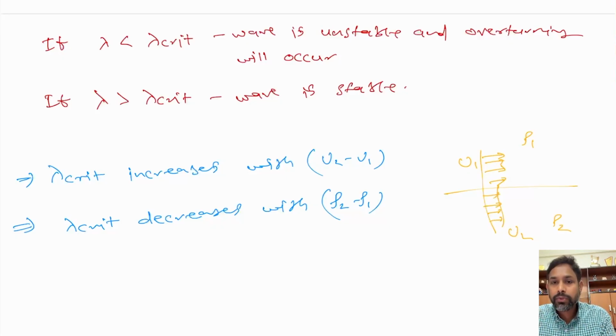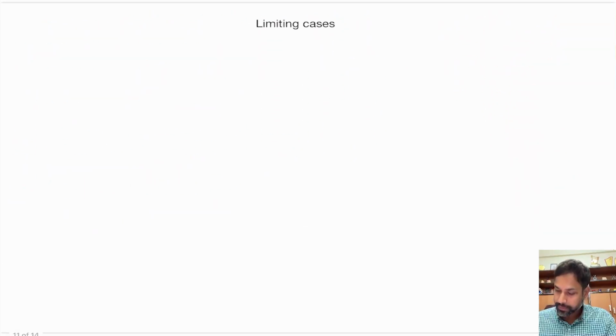An increase in delta u increases the value of lambda critical, so there is more and more chance of the wave overturning. But if you increase delta rho, lambda critical decreases. That means for the majority of cases your wave will be stable, and only when the wavelength is extremely small will it be unstable. So this depends both on delta u and delta rho, and we will analyze these cases in more detail in these limiting cases now.